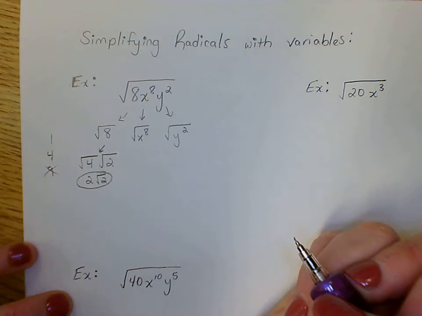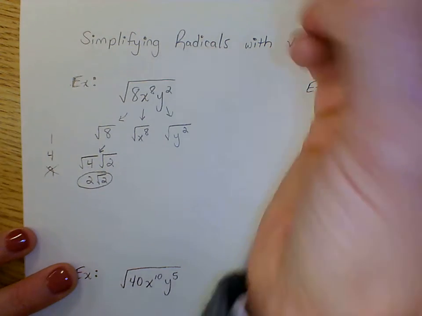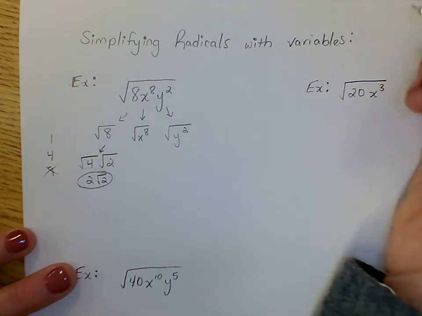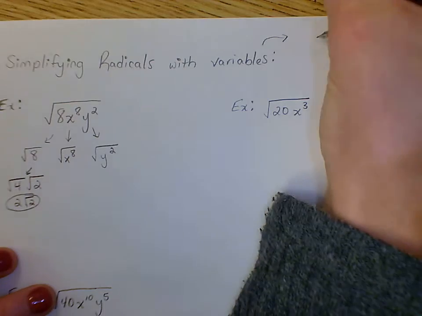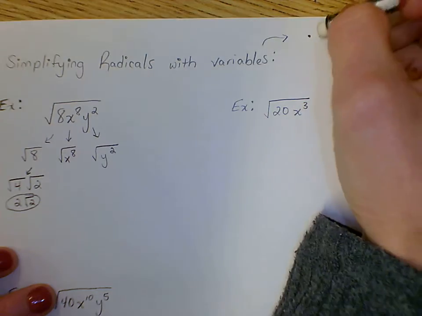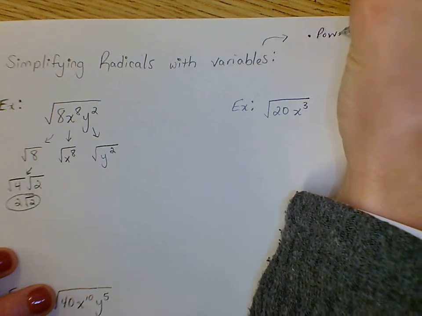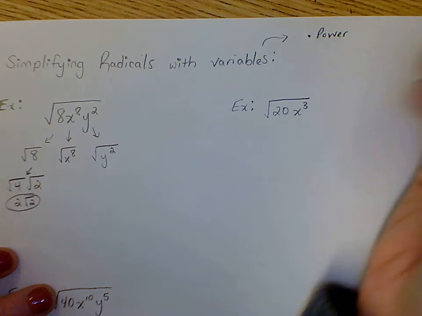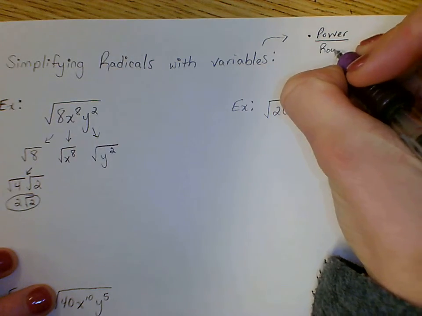When you have variables, there's actually two ways that you can do the problem. One way, and I'm just going to write it to the side over here, is you take the power, which is the exponent that you see with the variable, and then you divide it by whatever the root is.